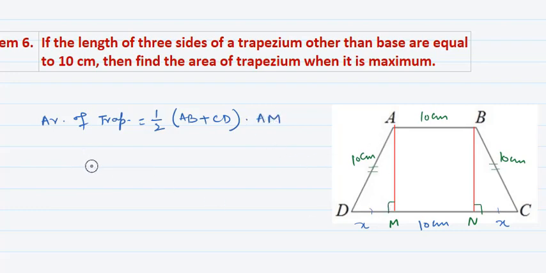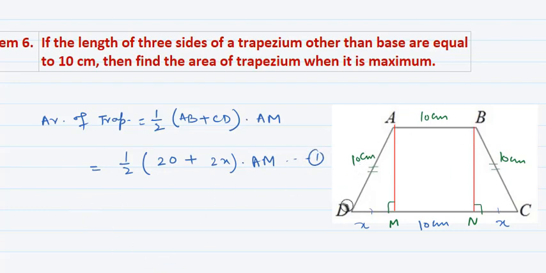Now putting the values over here, it is 1 by 2 into AB, that is 10, and this is 10 plus 2x. So we are getting 20 plus 2x into AM. AM, let us calculate. Let us name this expression as number 1.